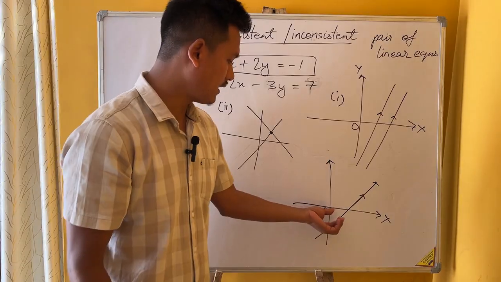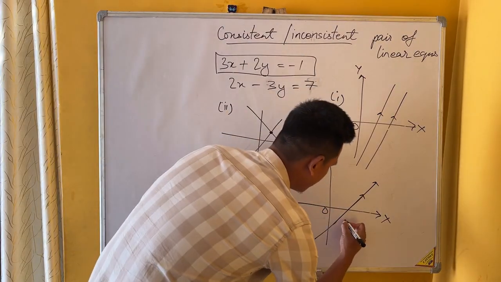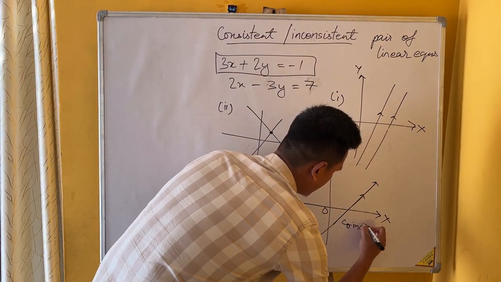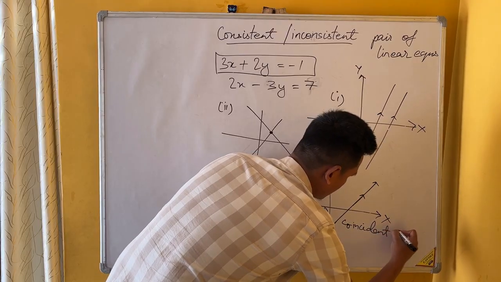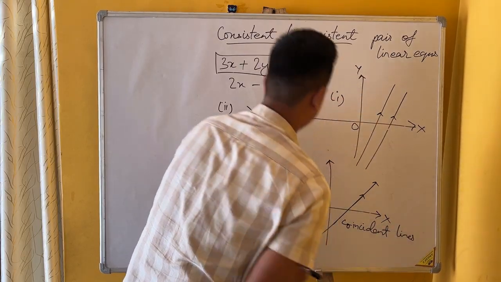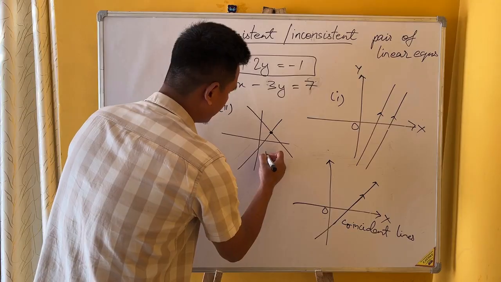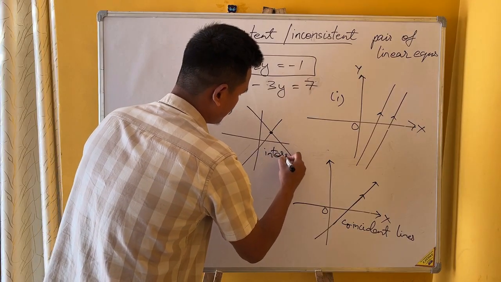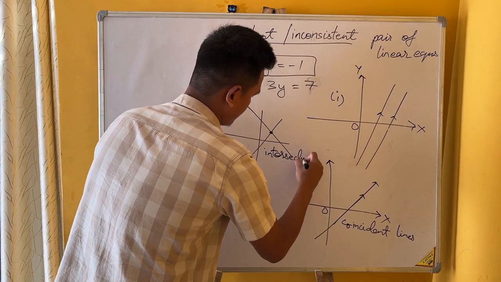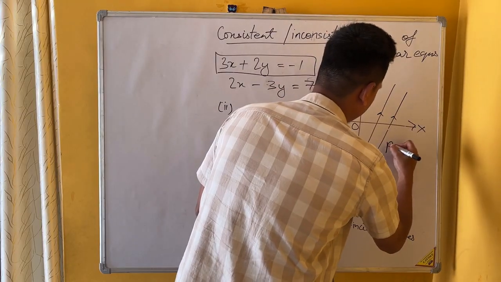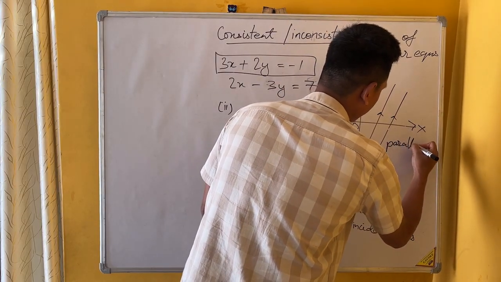So this is the case of coincident lines. This is intersecting lines. These are parallel lines.